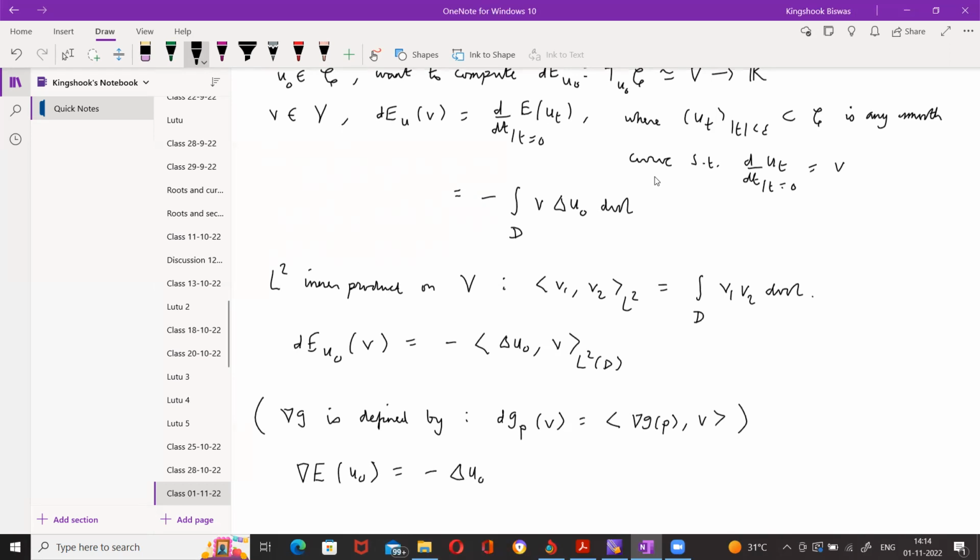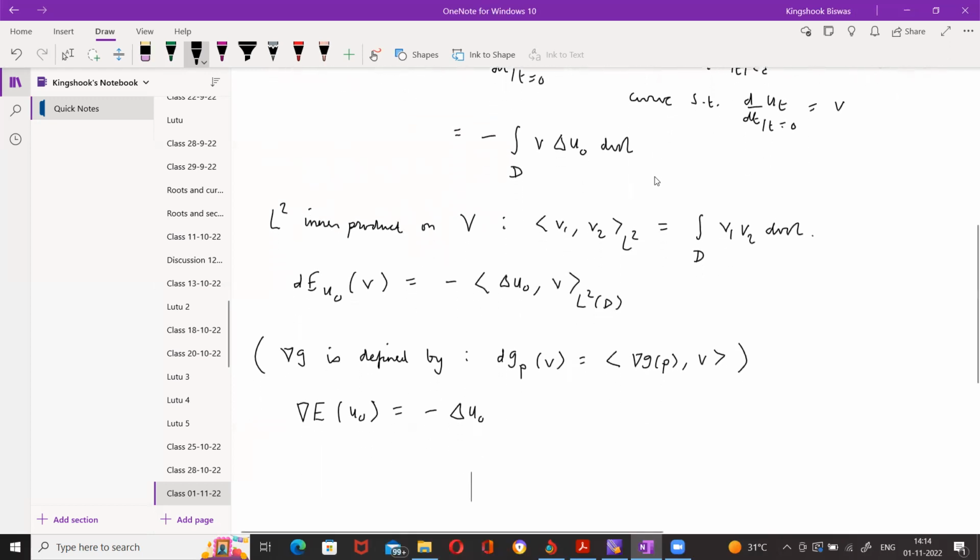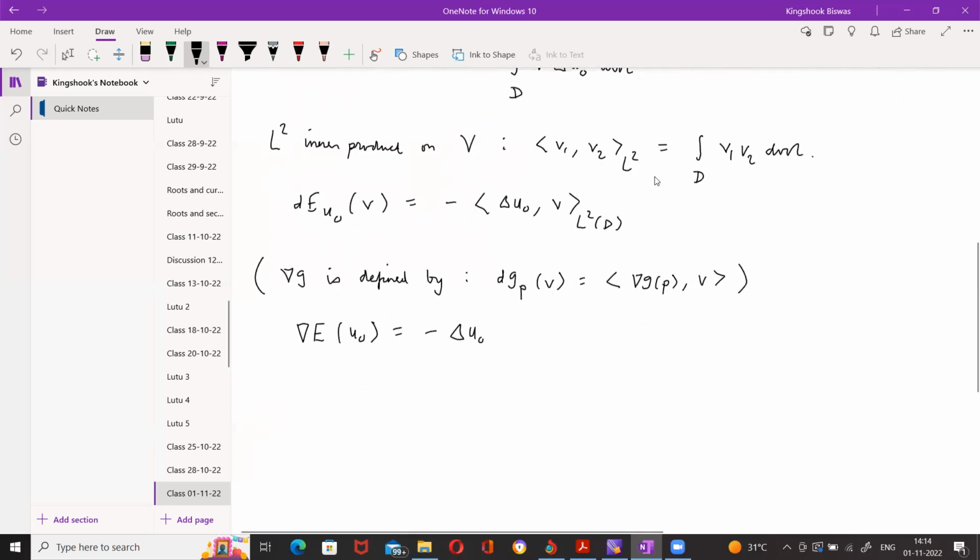So that's all. So what is the gradient flow of minus the energy function?